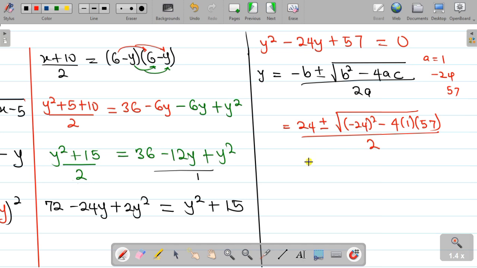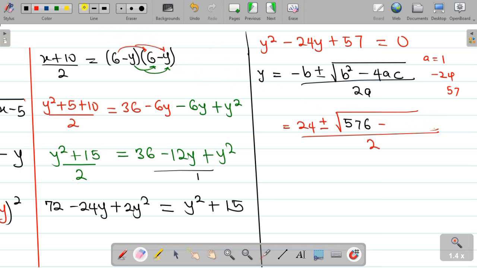Here we are now going to have to simplify. To simplify that, the square of negative 24 is 576. So we have 576 here, while 4 multiplying 57 is 228.